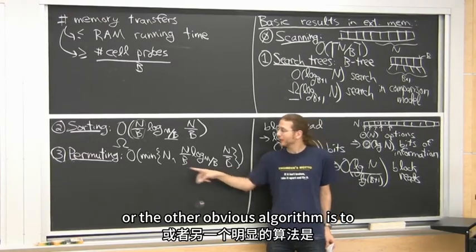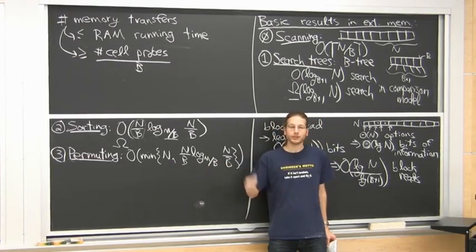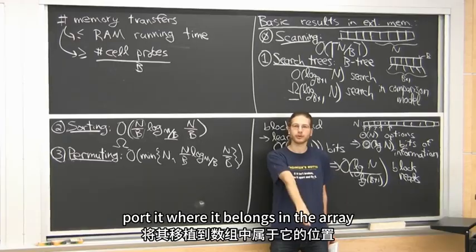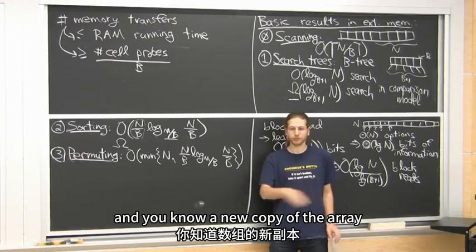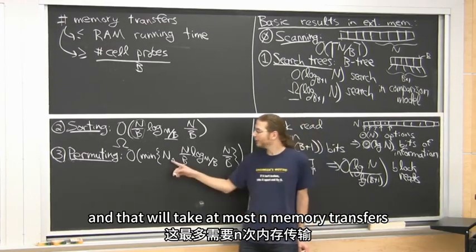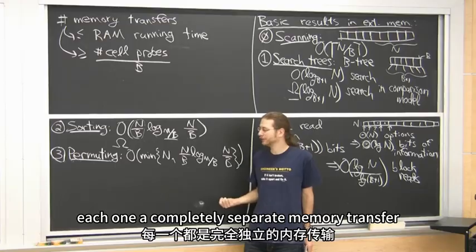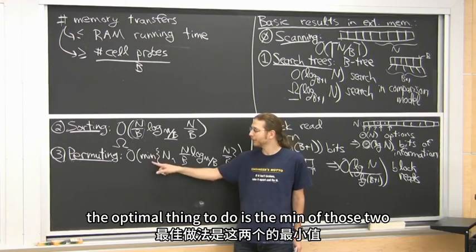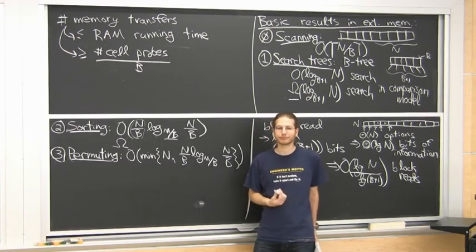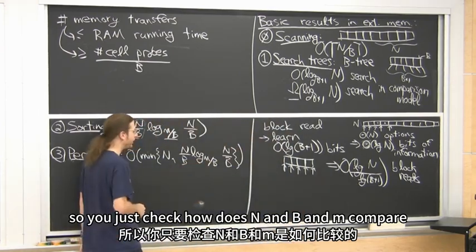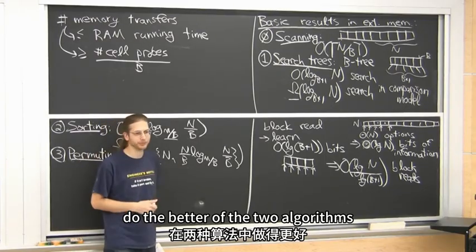Or the other obvious algorithm is to take the first item, put it where it belongs in the array, take the second item, put it where it belongs in the array, in a new copy of the array. And that will take at most n memory transfers, each one a completely separate memory transfer. And the claim is the optimal thing to do is the min of those two. So you just check how n and b and m compare, and do the better of the two algorithms.